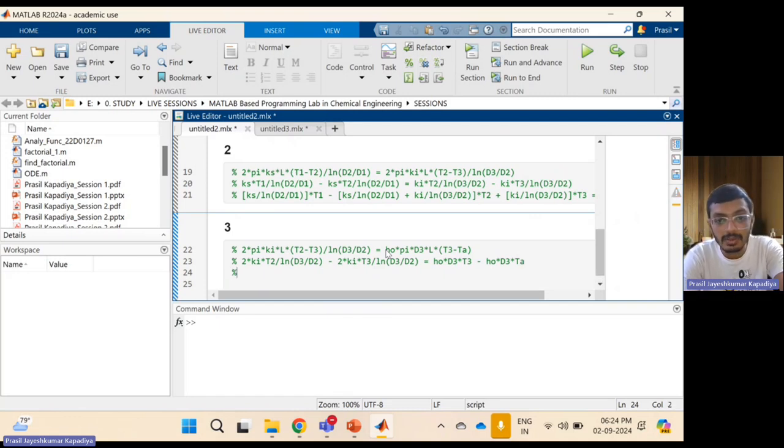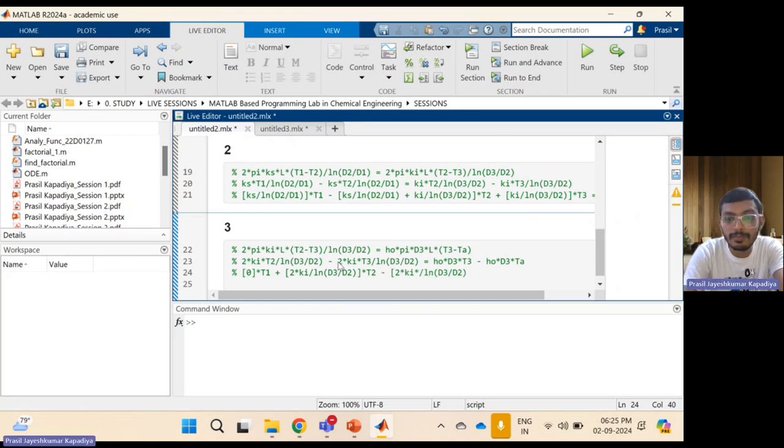Okay, now let's combine. So first equation, there is no coefficient of T1, so I will write down 0 into T1. Now for second term, coefficient of T2 plus, this is the only equation where there is T2. So this term into T2. Now T3 term. So minus this term, minus, I'm keeping minus outer side.